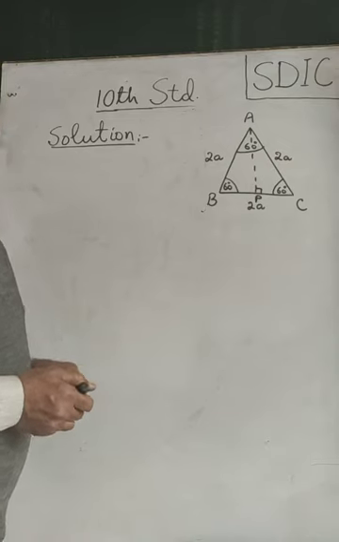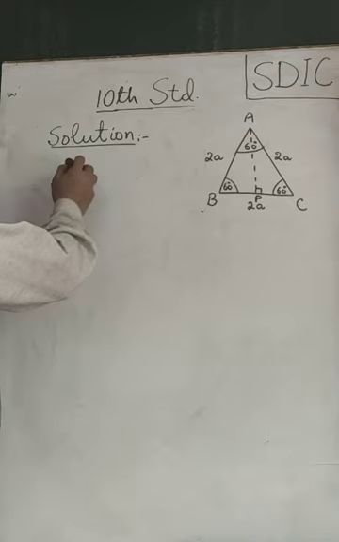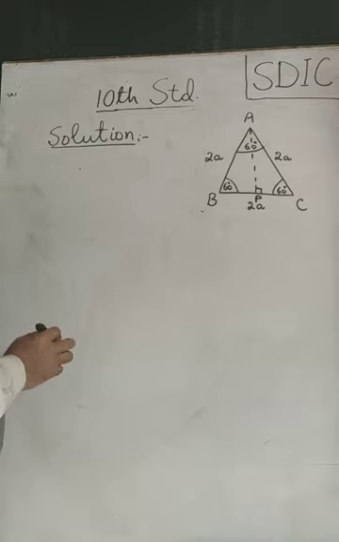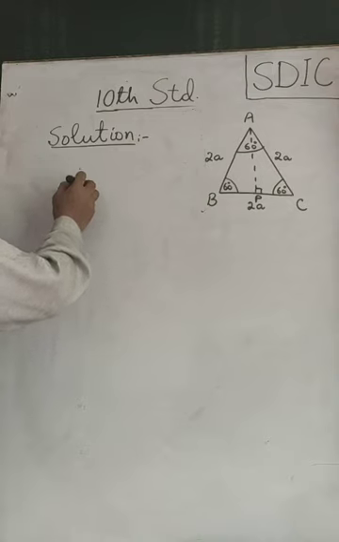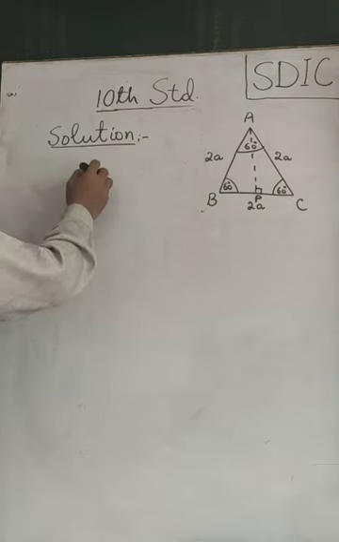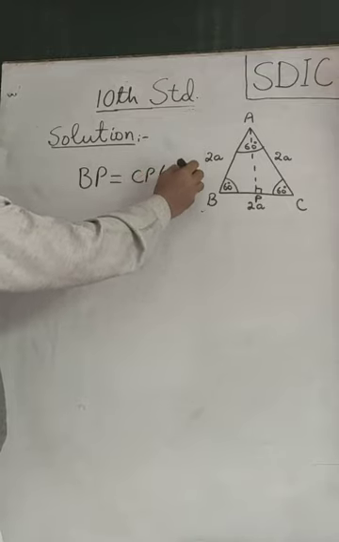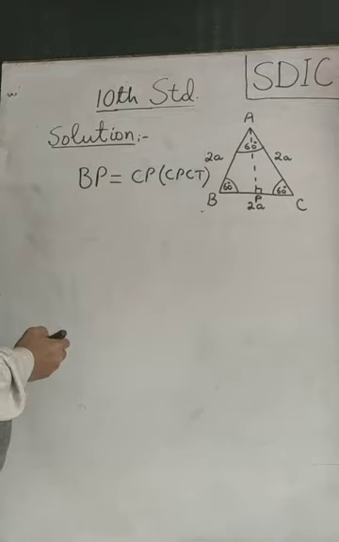So what you will do is, your congruency part will be the same. You have to prove the two triangles again congruent here, as we did in the previous case. RHS congruency rule we used. And then we wrote there according to CPCT, BP is equal to CP. This was the first CPCT result we used there.